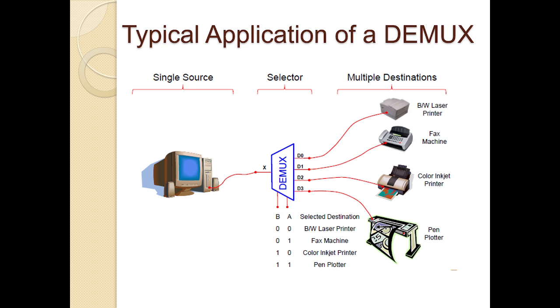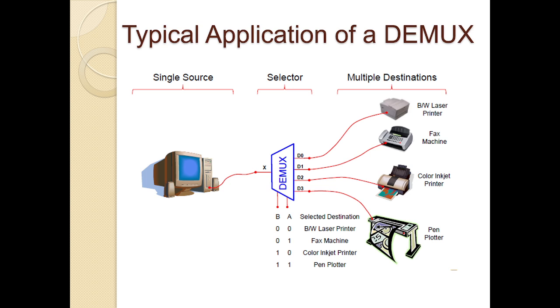This is a typical application of a demux. The computer is connected with a printer, fax machine, another printer and a pen plotter. Based on the selection lines, the computer will be connected to any one of these 4 outputs. When the selection line is 0, 0, the computer is connected with the laser printer.